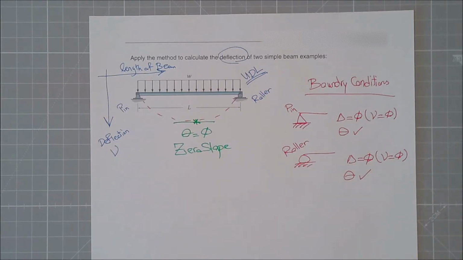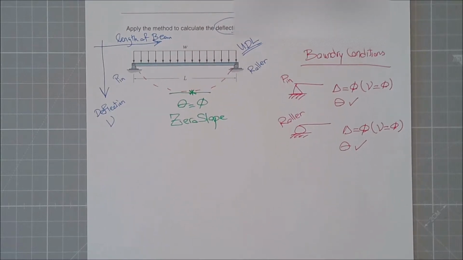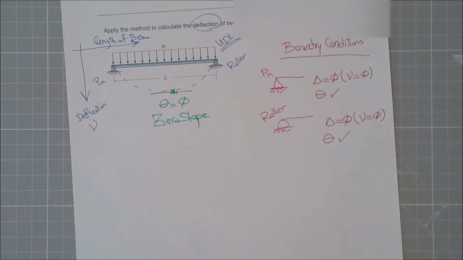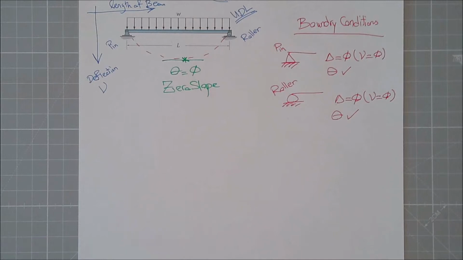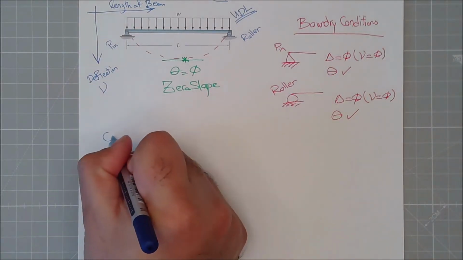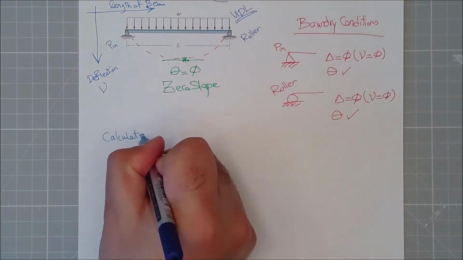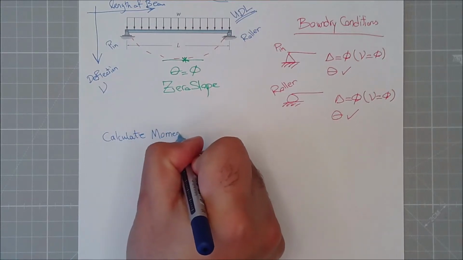So far so good. We put the axes, and we figured out the boundary conditions of the supports. The next step is to calculate the moment. So let's calculate the moment function.